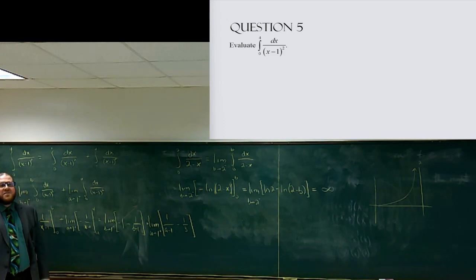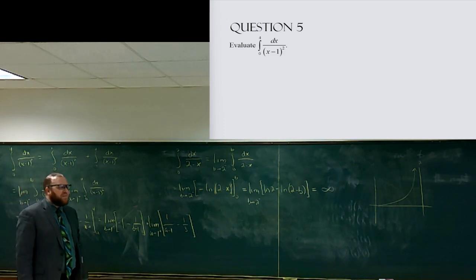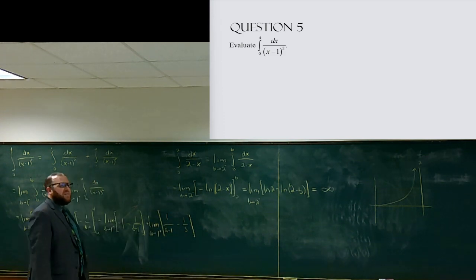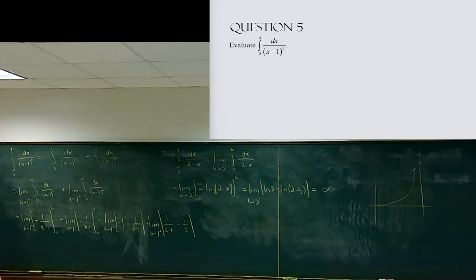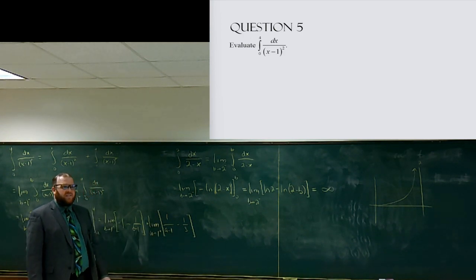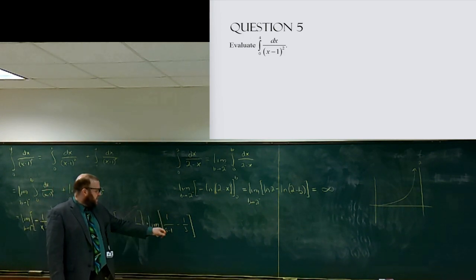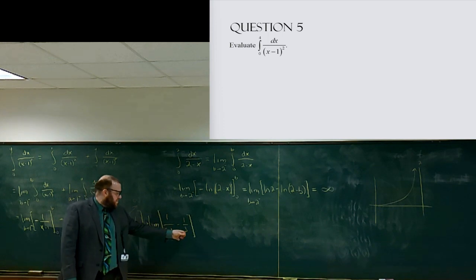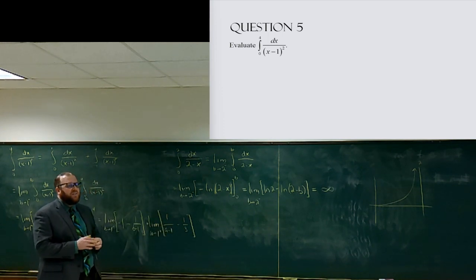But just for fun, what is this limit? As A gets bigger? Now A approaches 1 from the right. Okay. So it's still 1 over 0, right? Except now this is going to be positive. Positive infinity minus a third.